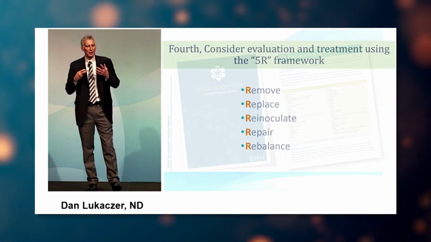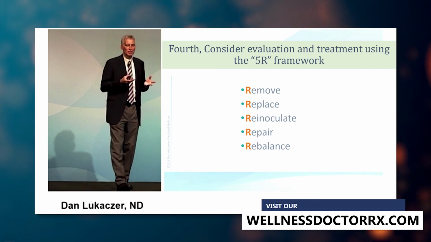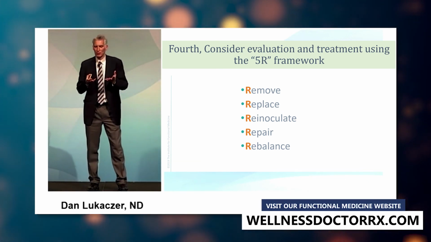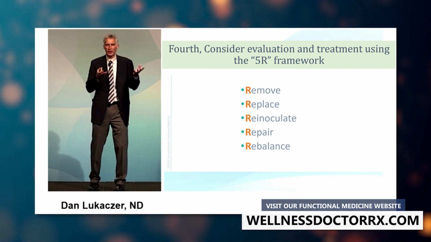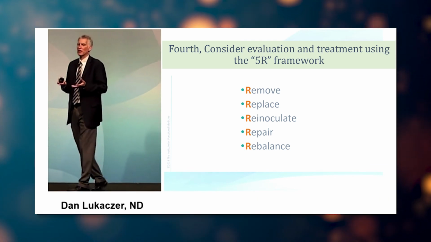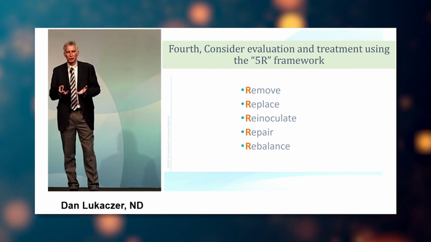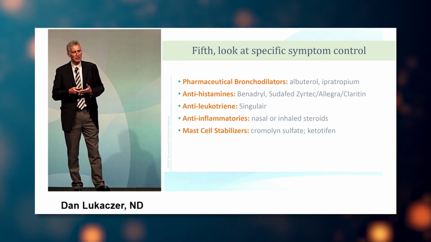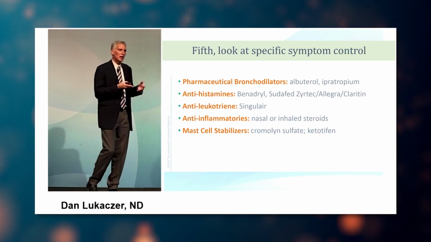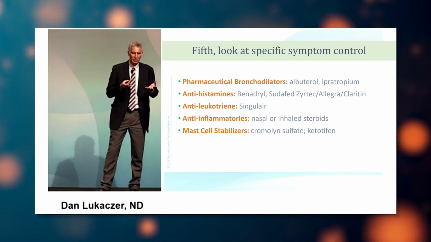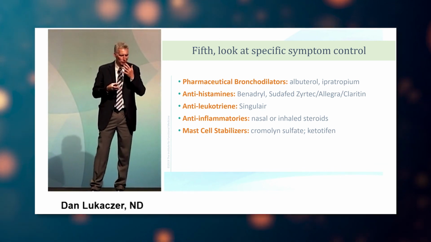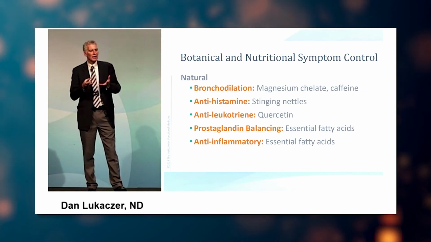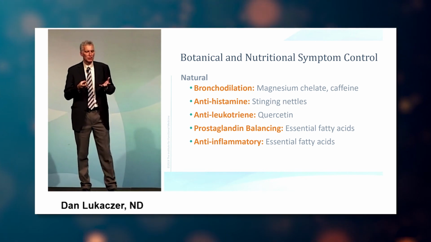Fourth, you want to consider evaluation using this 5R framework. Hopefully we've made it clear that this is a significant area of investigation and treatment, of looking at intestinal permeability, looking at the gut microbiome, etc. Fifth, as Dr. Roundtree said, and at some level I agree with him, you certainly want to look at specific symptom control, pharmacologic symptom control, and then natural, botanical, and nutritional symptom control.